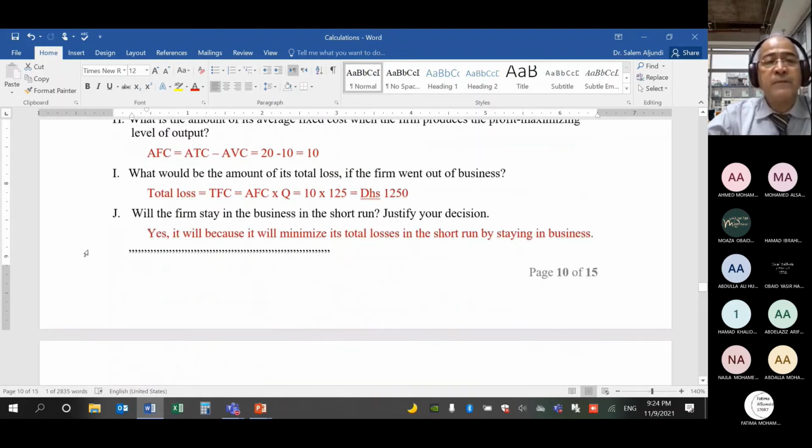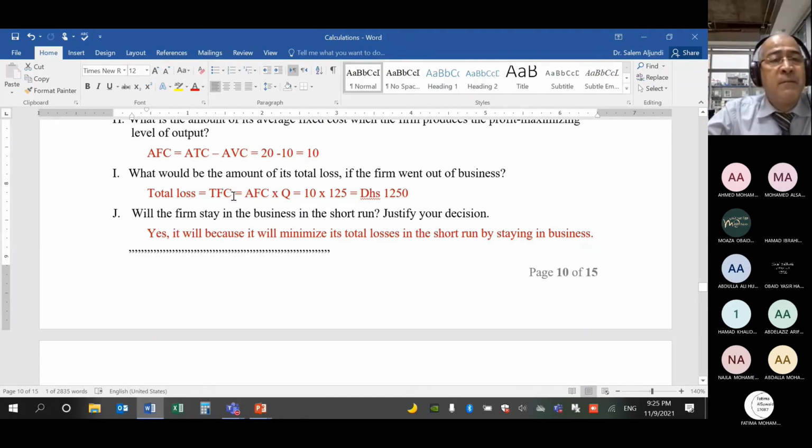Another question. What would be the total loss if the firm went out of business? If the firm went out of business, that means in the short run, the firm produces zero. If they produce zero, there will be no variable cost. They will not hire workers, but they have to pay the rent. So if they produce zero, they will incur a loss equal to total fixed cost. What is total fixed cost?